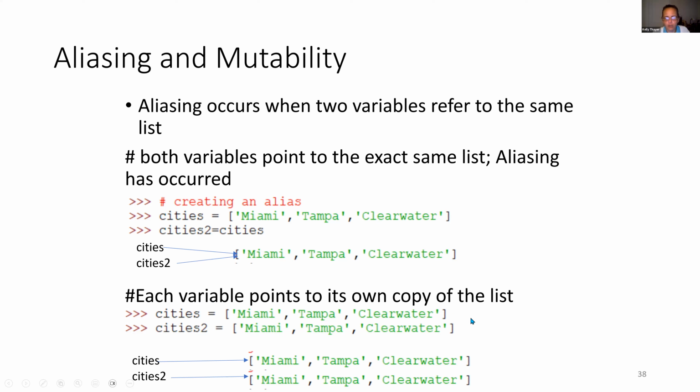How many independent lists do we have here? There are 2 independent lists because each of them has their own contents. Whereas this is the same list, but 2 things are pointing to the same one. Here there is aliasing, here there is not.